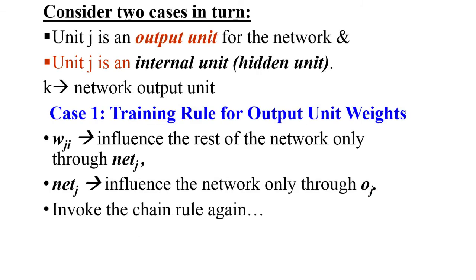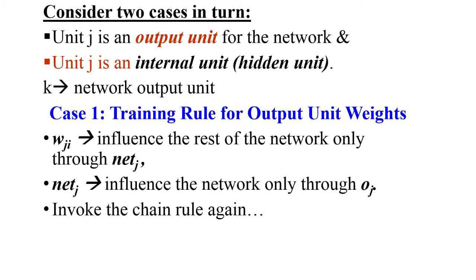For this, consider two cases in turn: the case where the unit j is an output unit for the network, and the case where j is an internal unit, that is, a hidden unit, where k is a network output unit. We will take these two cases one by one.